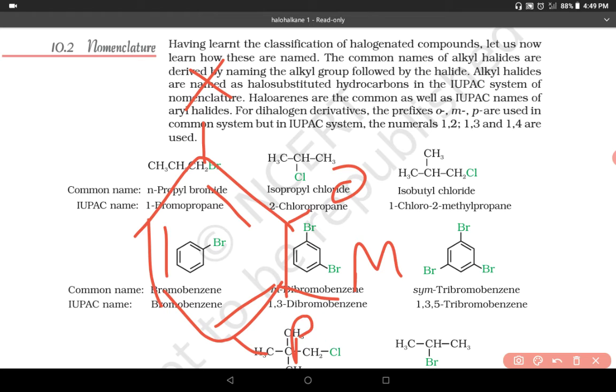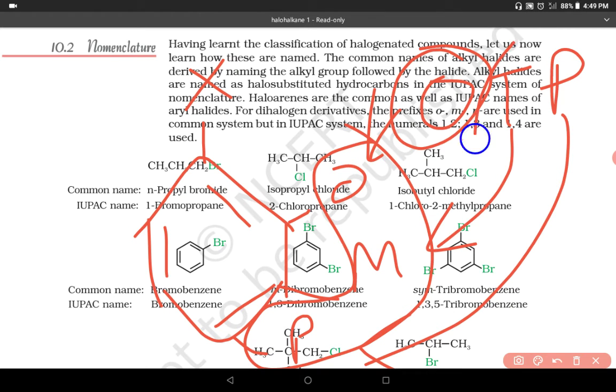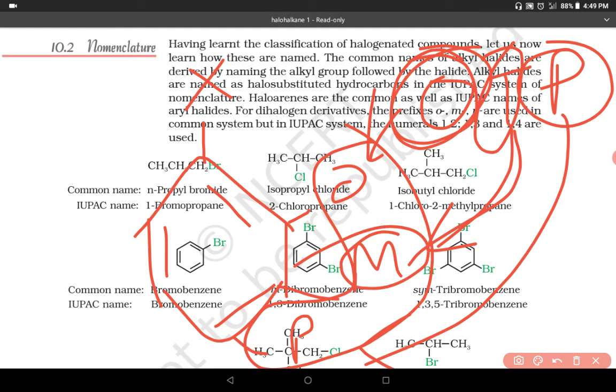The one thing you have to remember is OTP. The first is O, the second is T, the third is P, and the middle one is meta, since after removing O and P only the meta position is left, so remember the formula OTP.